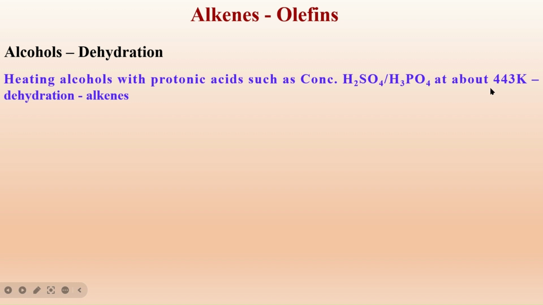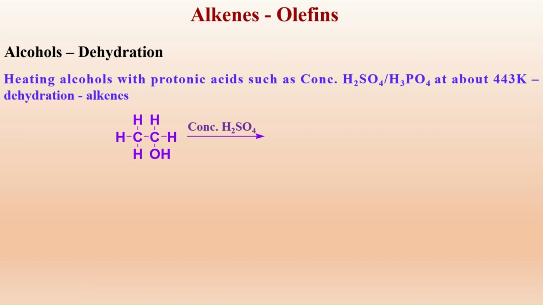OH is not as good a leaving group as halogens. That's why we should use strong reaction conditions, high temperature, and strong reagents. It undergoes dehydration in the presence of concentrated sulfuric acid, a dehydrating agent, and heat at high temperature. I get the alkene with the liberation of water.